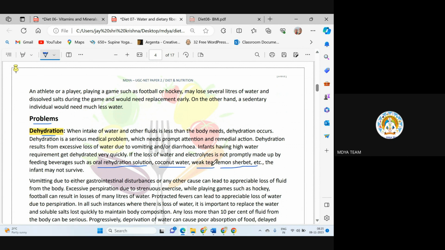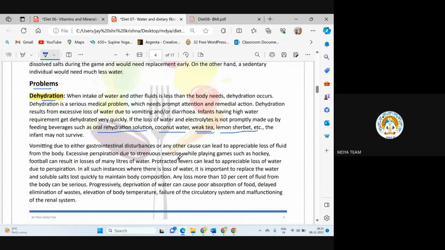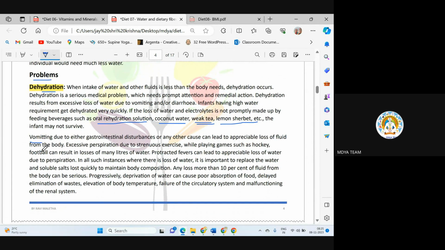All these contain electrolyte. So in order to retain water in our body, we need to take electrolyte also. If there is dehydration, vomiting will be there, diarrhea will be there, and if we do not take this condition seriously, it can ultimately lead to death.